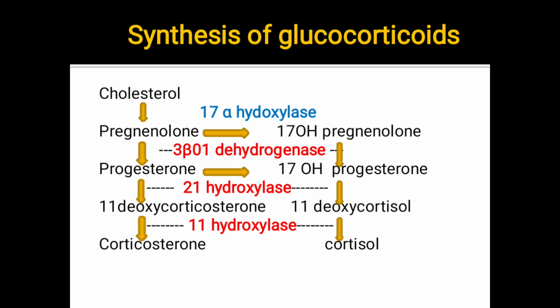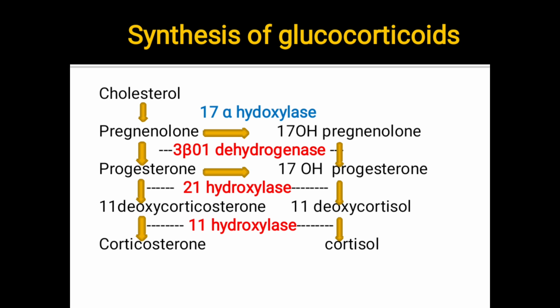Now, this free cholesterol enters the mitochondria and gets converted to pregnenolone by the enzyme called 20,22 desmolase. Now, this conversion of free cholesterol to pregnenolone is a rate limiting step in the synthesis of the glucocorticoids.